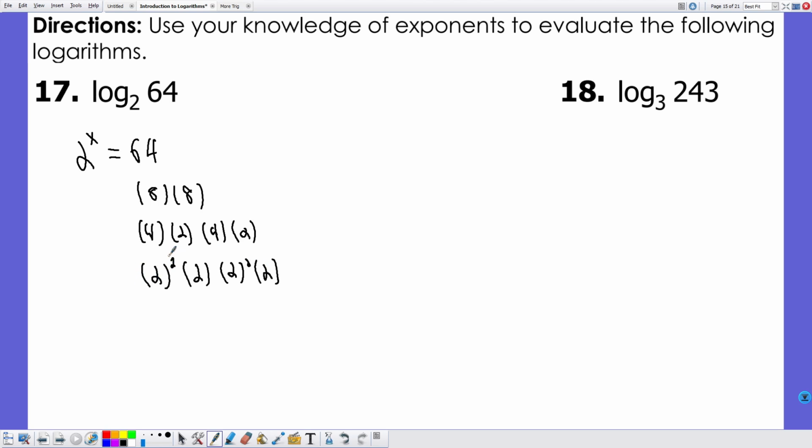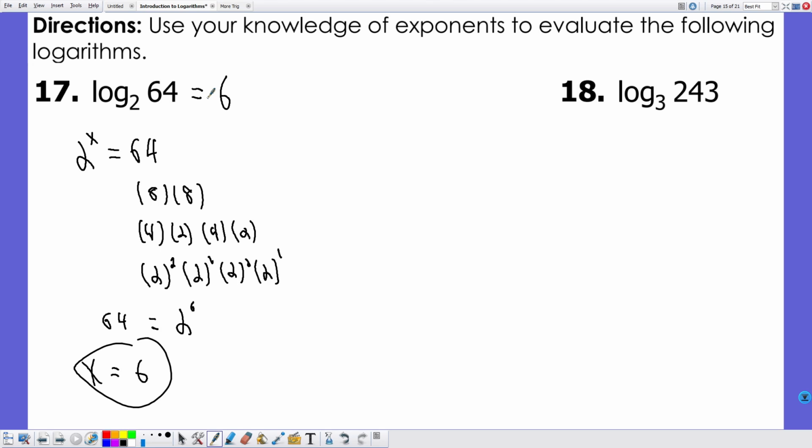So count up all the exponents. These are to the first power: 2 and 1 is 3, 2 and 1 is another 3. So that's really 2 to the 6th power is equal to 64. So my x is 6. That was an overly complicated way of doing it. You could have just gone in your calculator and tried 2 to the 3rd power, 2 to the 4th power, and gone all the way up to 64.